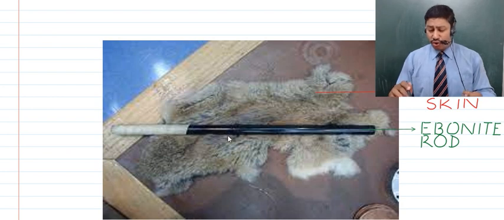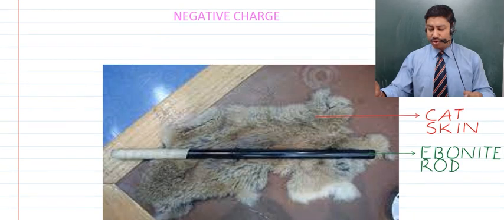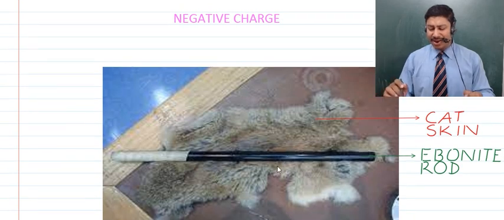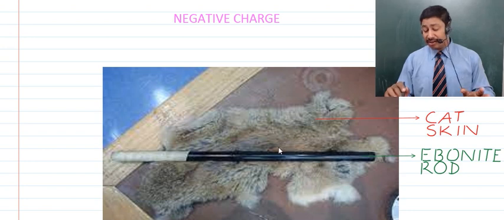When the ebonite rod is rubbed with a cat skin, do remember that both of these at the beginning are uncharged. And when the ebonite rod is rubbed with the cat skin, then what happens is the cat skin has some deficiency of, rather the ebonite rod has some deficiency of electrons.